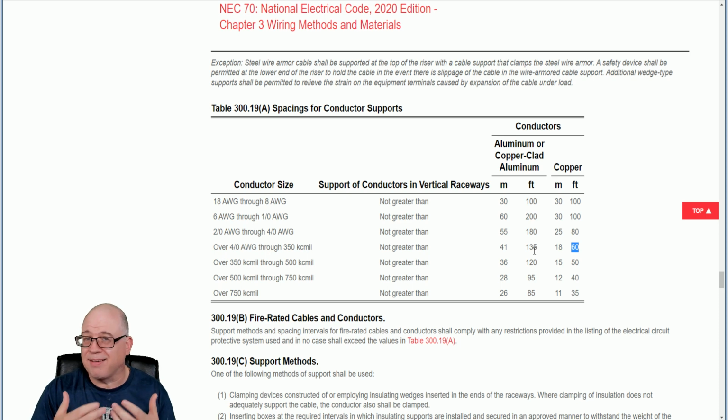Aluminum is obviously lighter than copper, so a lot of people are opting to use aluminum for a vertical run application. It is lighter. It does tend to be a little bigger conductor, but today most of the aluminum that we use is called compact aluminum. So it doesn't have all those little voids between the strands. It basically looks like a solid conductor because it has trapezoid strands that interlock.